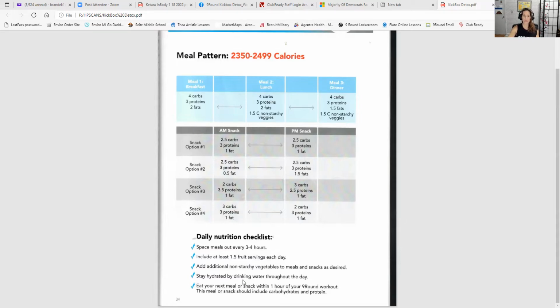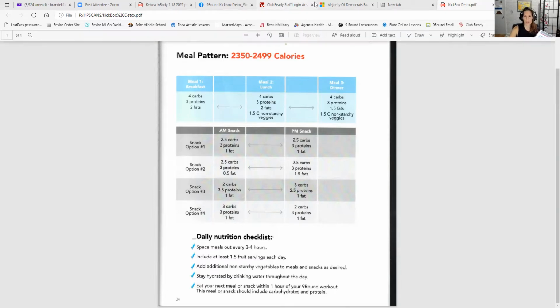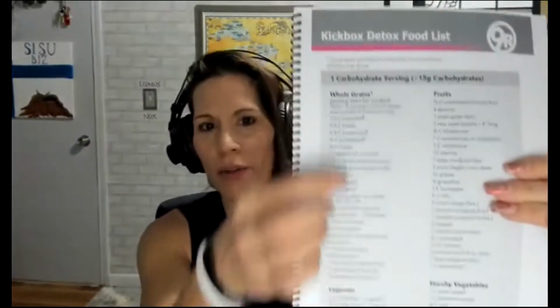Another one: staying hydrated, drinking water during the day, and eating your next meal or snack within 1 hour of your 9-round workout. This meal or snack should include carbohydrates and protein. So again, you're going to have a list of carbohydrates, a list of fats and non-starchy vegetables, a list of proteins.